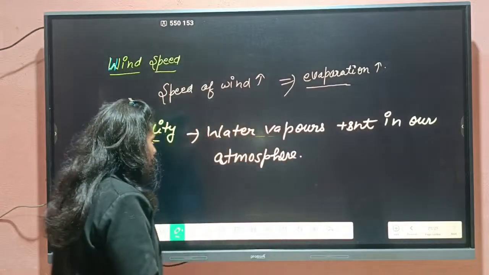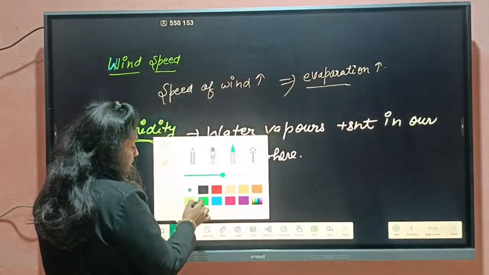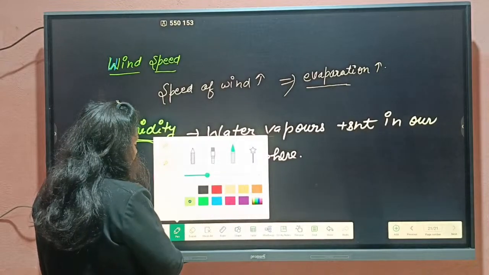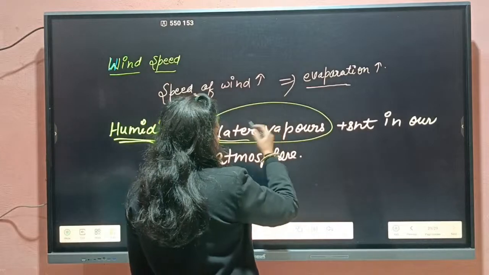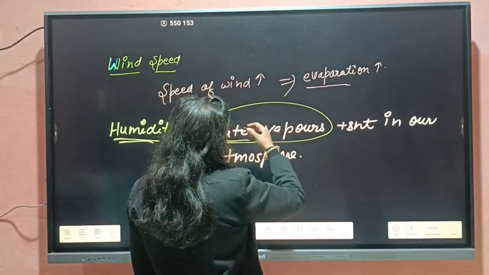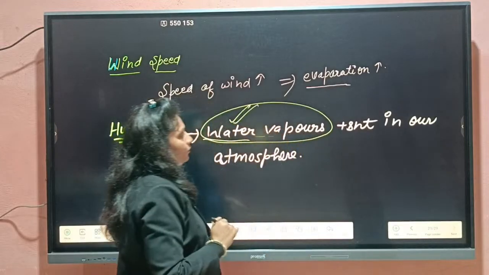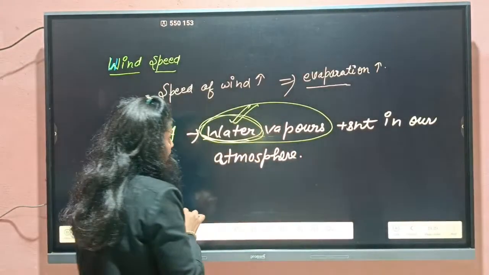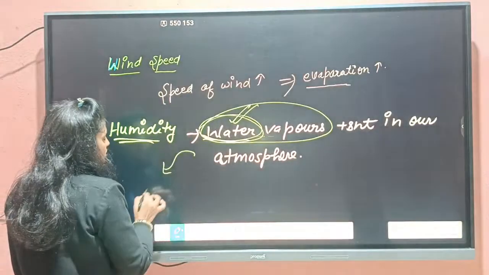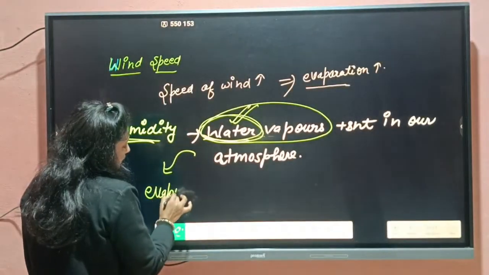Students, if already more water vapors are present in the atmosphere, then what will happen? First of all, these water molecules will evaporate. So students, the evaporation process decreases.